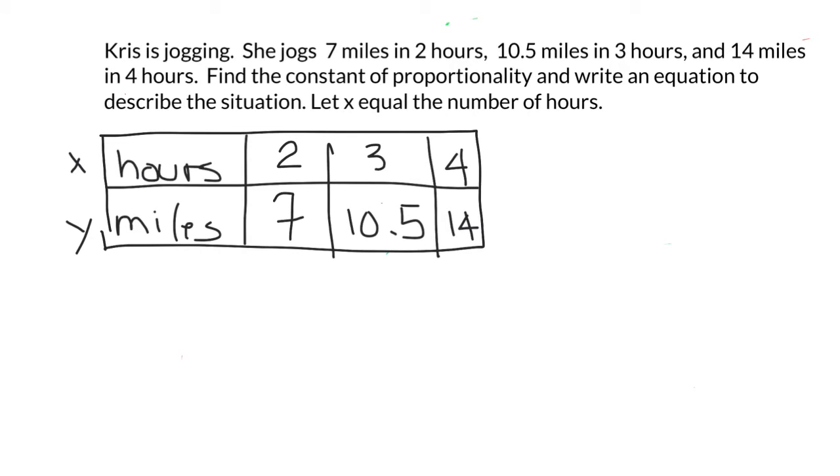So now this looks very similar to the last problem. It wants us, just like in the last problem, to find the constant of proportionality. That would be your k.